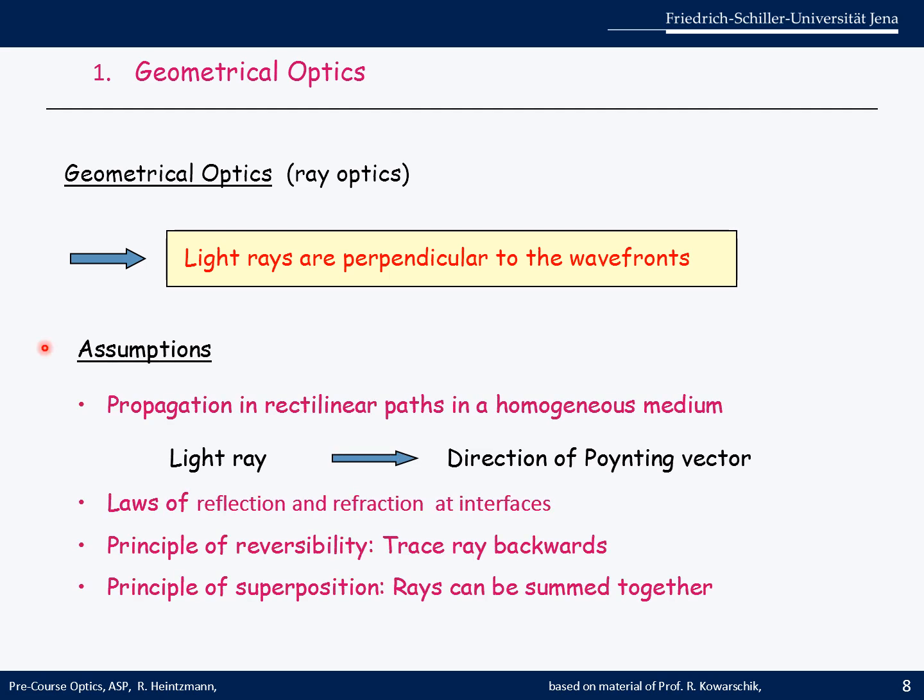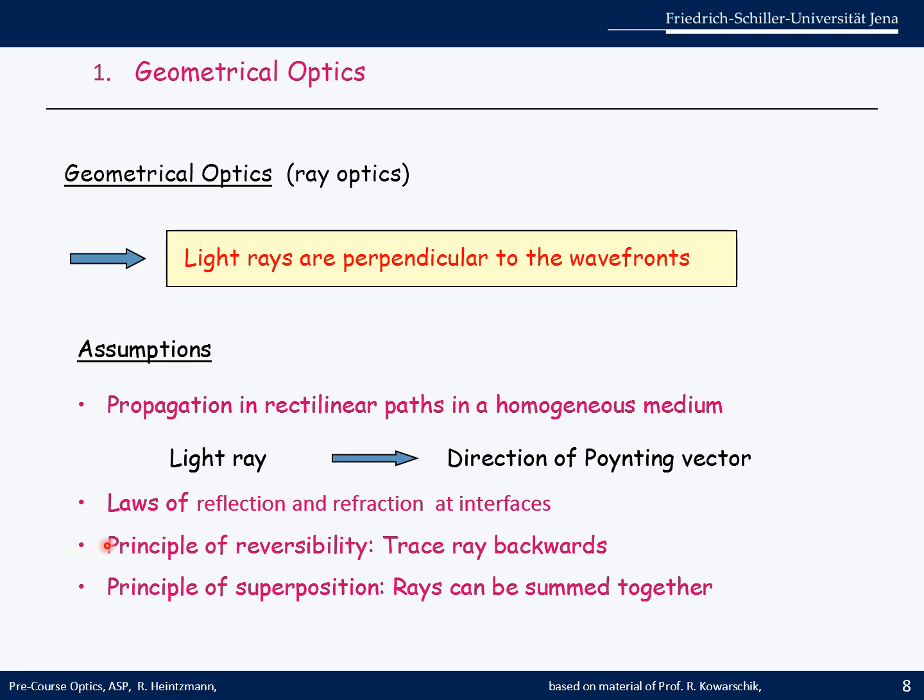So what are the assumptions? Well, propagation in a straight path in a homogeneous medium is called a light ray, and more precisely it is the direction of flow of energy, in other words the direction of the Poynting vector. Then these light rays follow the laws of reflection and refraction at interfaces, so they get bent at these interfaces.